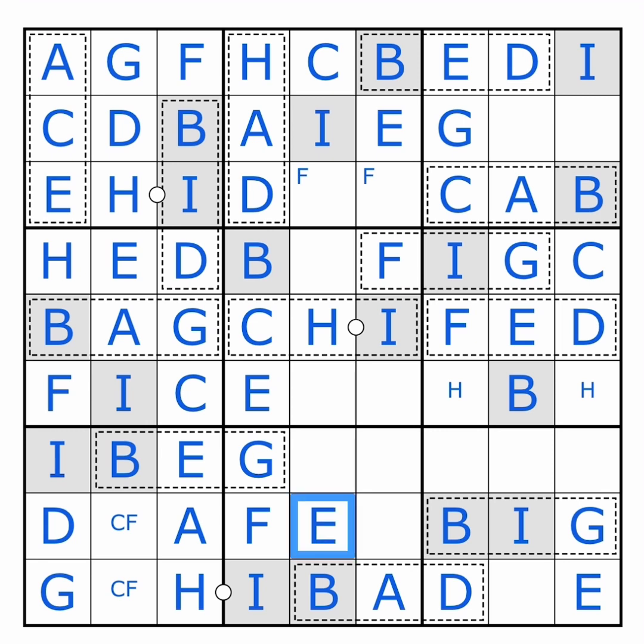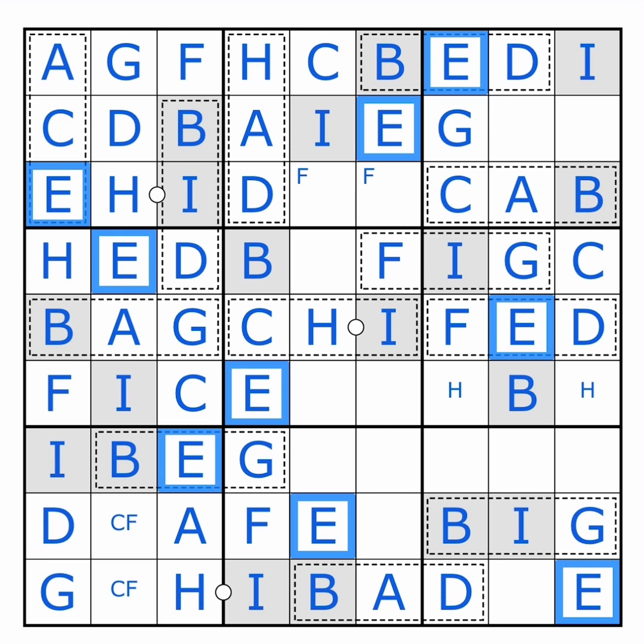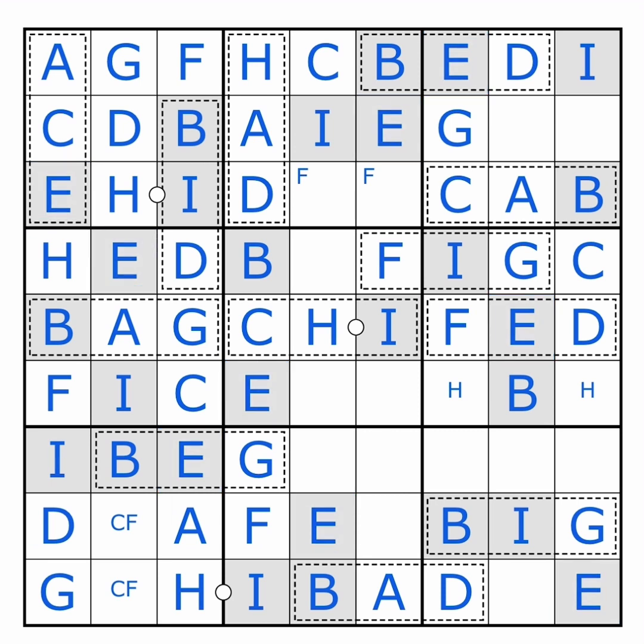E there by Sudoku. How am I doing my E's? Do I have all of them? 1, 2, 3, 4, 5, 6, 7, 8, 9. Yeah, all the E's. How about all the F's? I have all those yet? No. There is an F there.